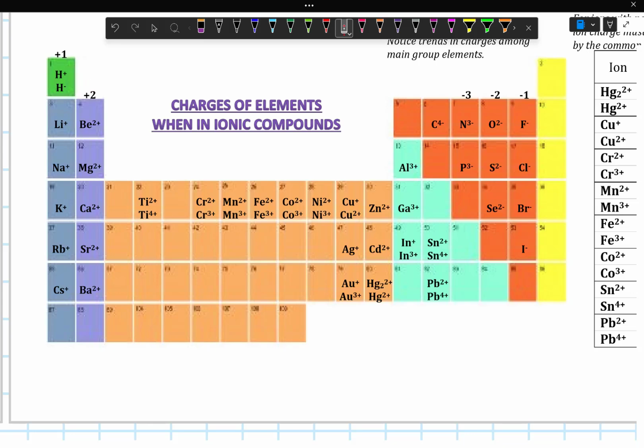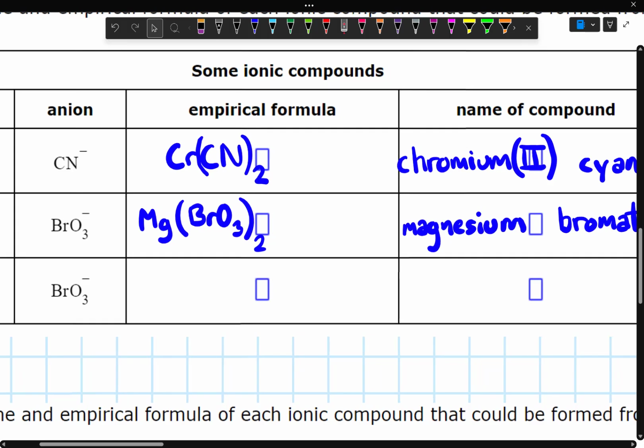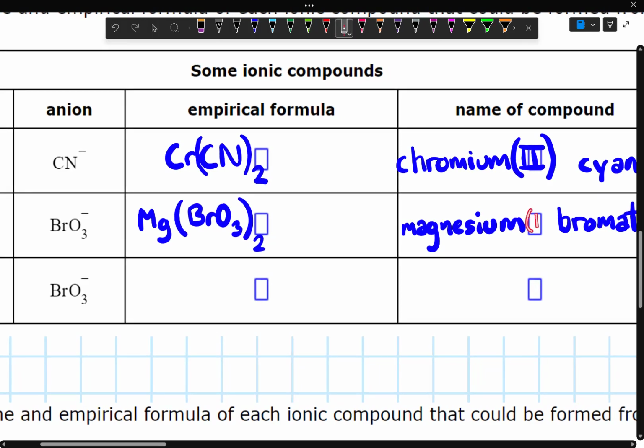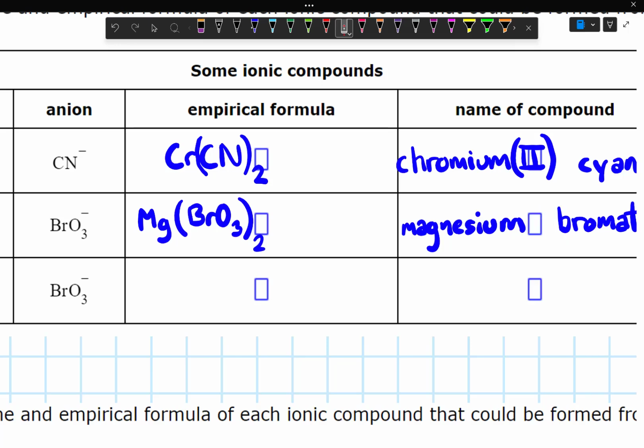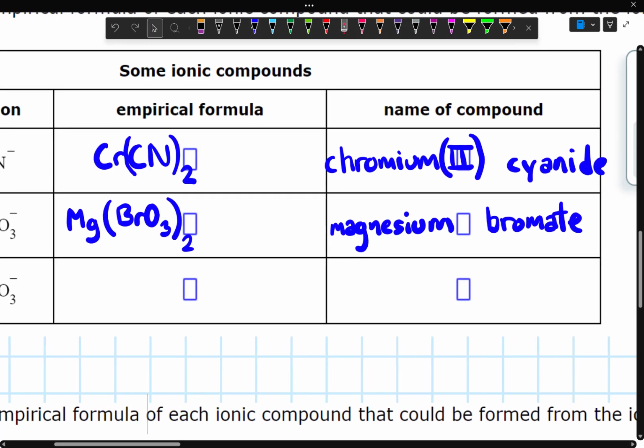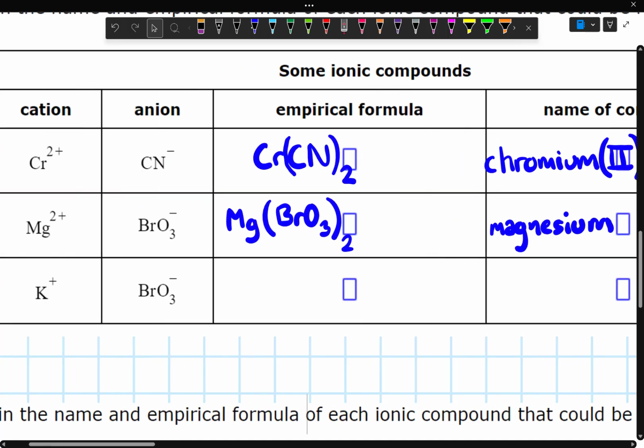And notice that there's no other charge here. Magnesium can only be paired with a 2+ charge, right? So we don't specify that this is magnesium 2. We don't do that. So this is just magnesium bromate in this case.